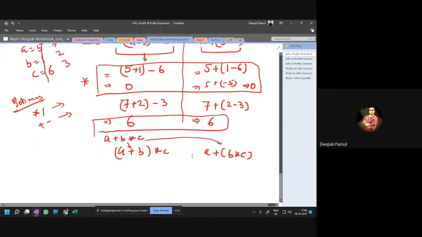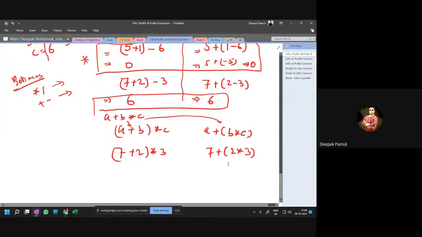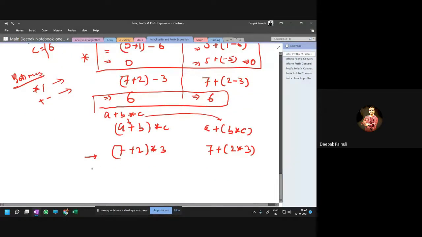Okay, now we'll put in values: 7 plus 2 into 3 and 7 plus 2 into 3. Now you will get different answers, right? 7 plus 2 is 9, 9 into 3 is 27. For case 1 you are getting 27, and for case 2 you are getting 6, 6 plus 7, 13.